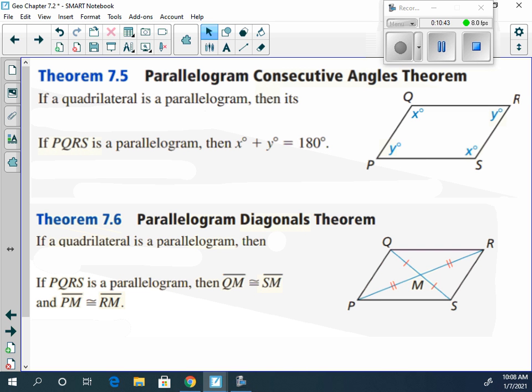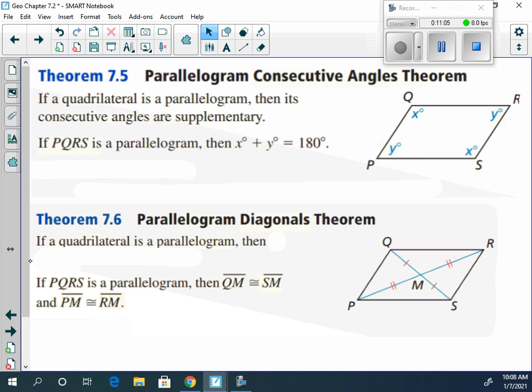In a parallelogram, I have two sets of parallel lines, yes? So the angles that are next to each other, the consecutive angles, x and y here, are between parallel lines, yes? So that means that the consecutive angles inside of a parallelogram are going to be supplementary.